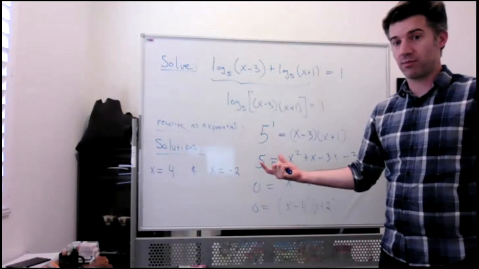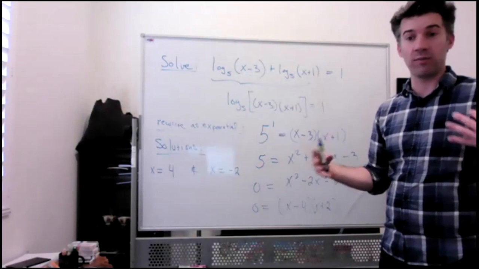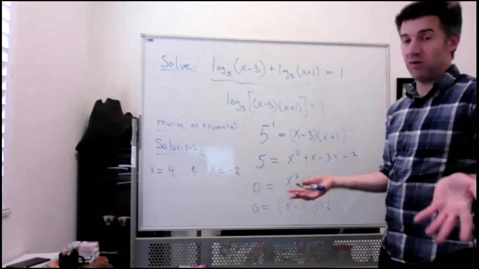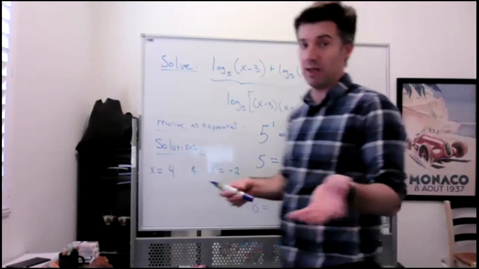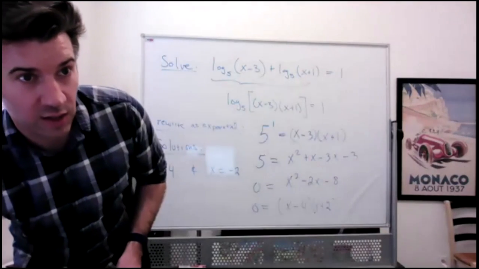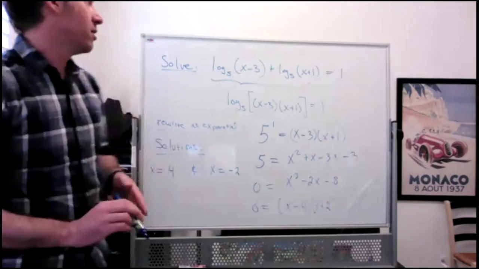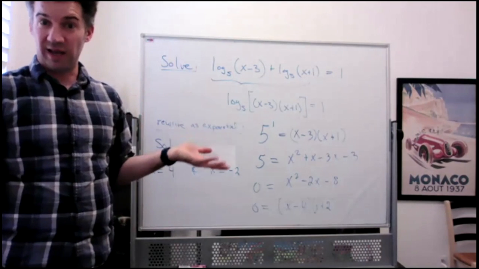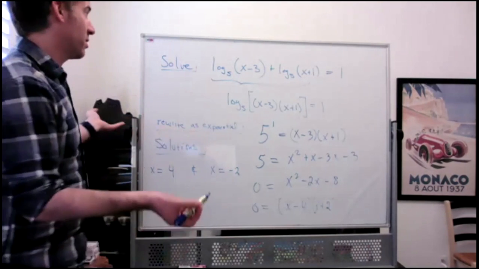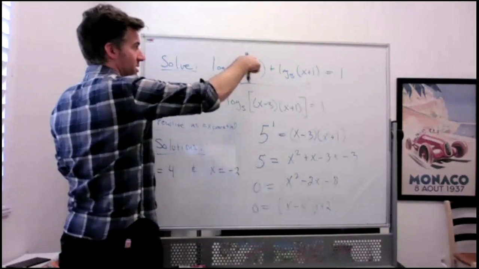However, this is always true when you have a logarithmic equation that you're solving. You have to make sure that your answers are actually in the domain of the original expression. So here's the issue. Logarithms, you can't take a log of something that is 0 or negative. So for any logarithmic equation, you have to have that this stuff is greater than 0.